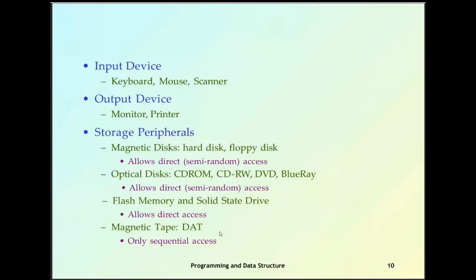All these storage peripherals come under secondary storage, and they store the data permanently, so that in future if you need some data to be modified or used, you can fetch it from these storage peripherals. I will not go into more detail because that is not the scope of our curriculum, but I encourage all of you to read more about this.